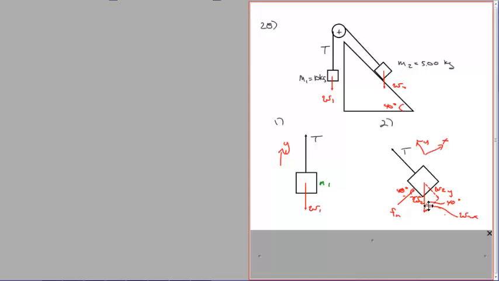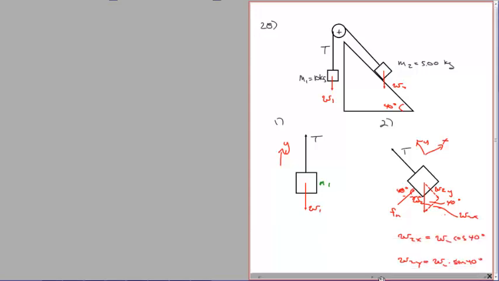So we can just use geometry to find these two forces. W2x, which is this one, is just going to be W2 times the cosine of 40 degrees because it's the adjacent side. Actually, it's going to be in the negative X direction, so we should probably put a negative sign there.